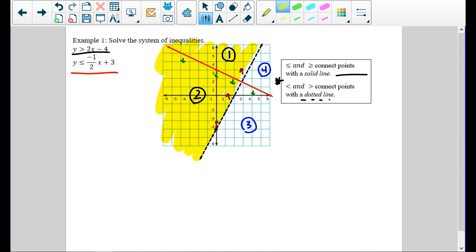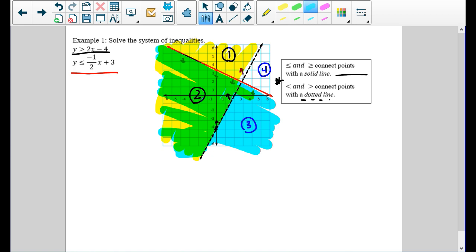And then they may have a different color shading here, and everything below here is, let's do a blue color maybe. So you can see the blue and the yellow make the green.